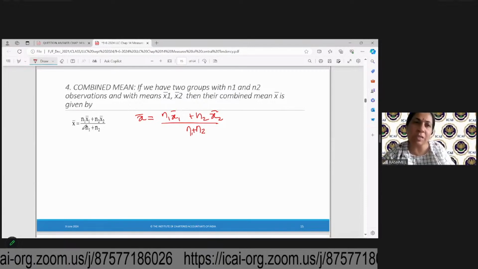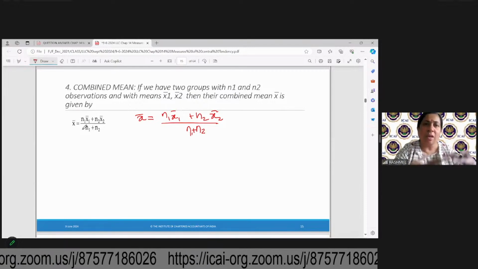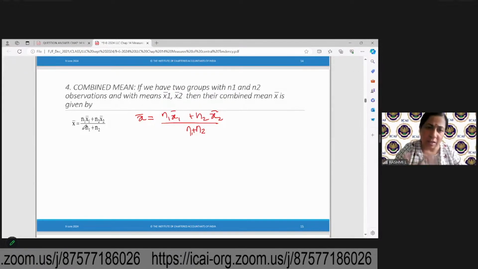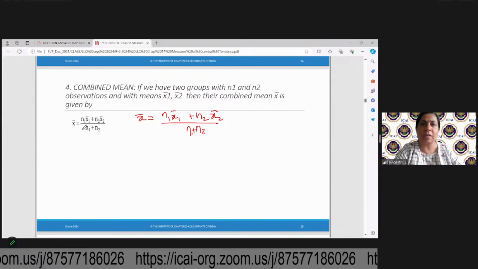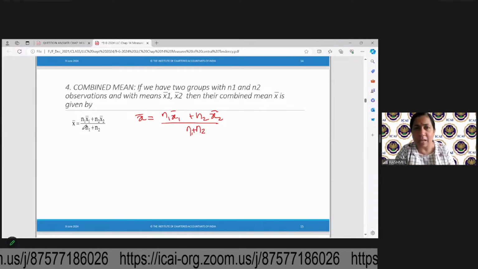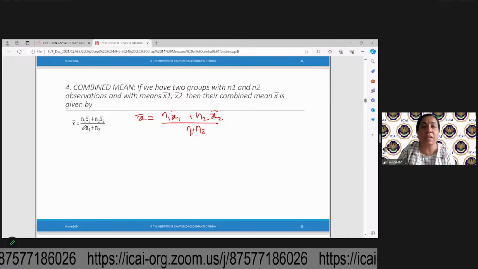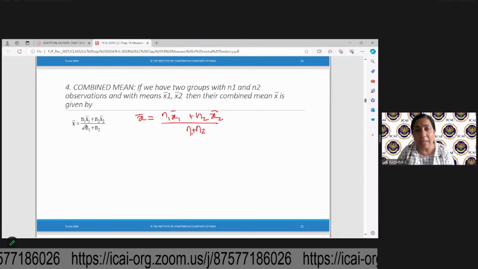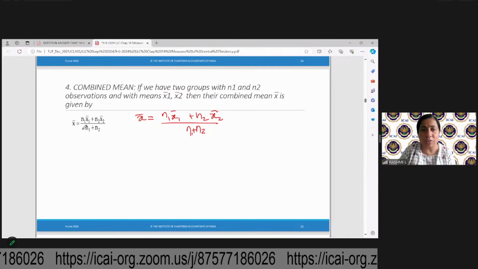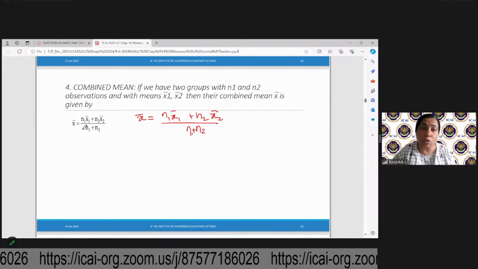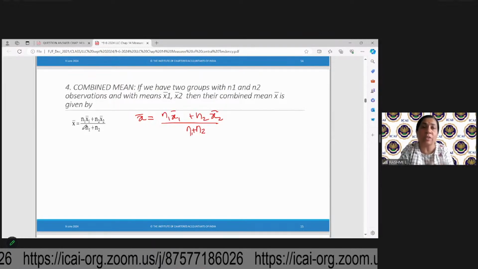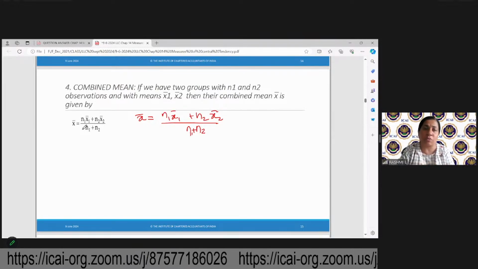So what this means is if I have two sets of data, one set of data has n1 number of data and its average is x1 bar. I have another set of data where the number of data is n2 and it has another average of x2 bar. And if I want to group this and find the new average, I must use this formula.